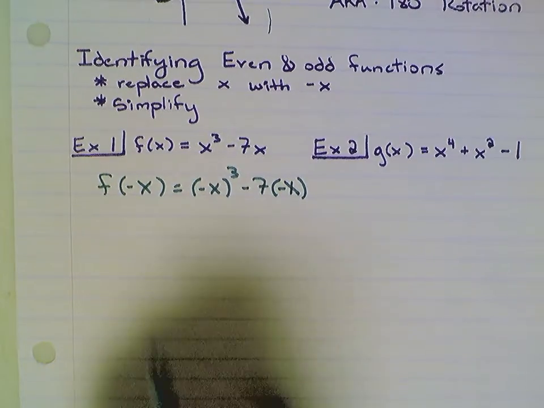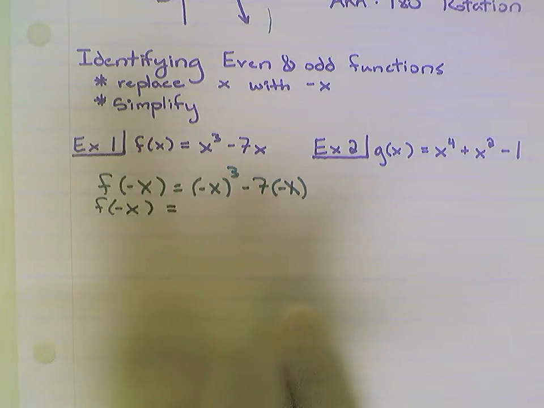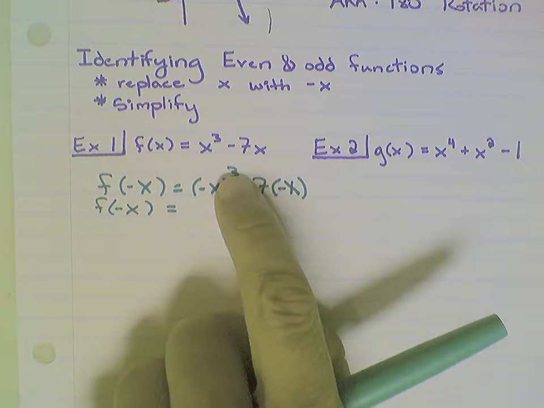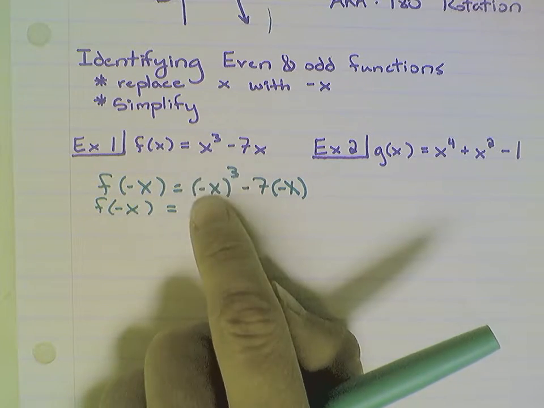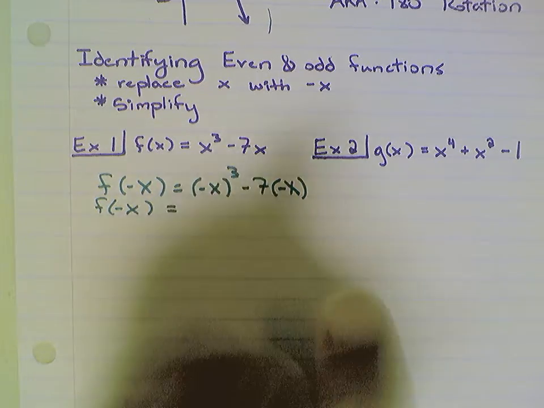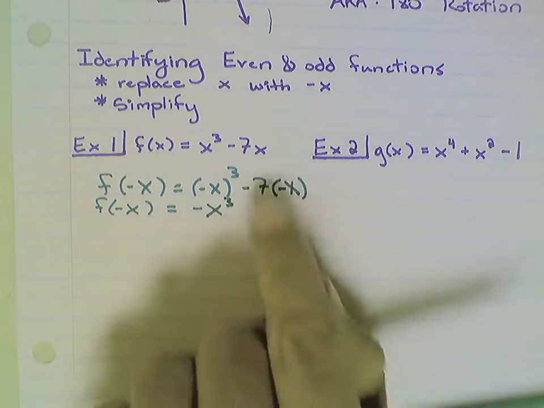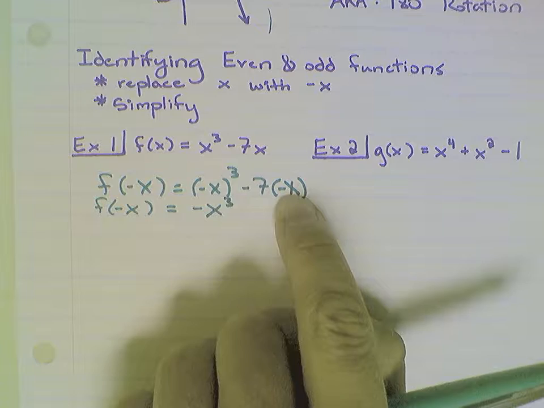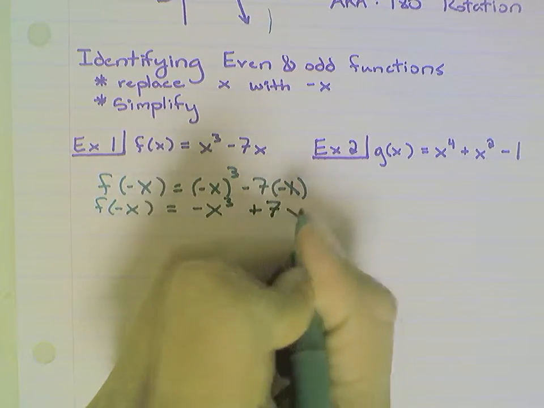So if I look at this function f(-x), well, if I take (-x) to the third power, a -x times a -x times a -x is going to be -x^3. And then -7 times a -x is going to give me a positive 7x.